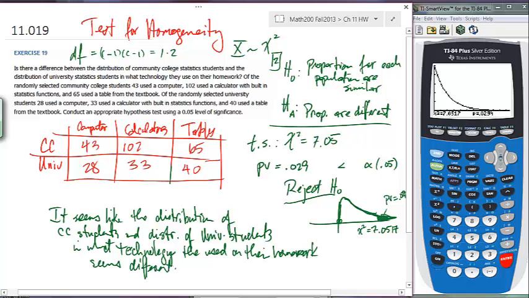Because we rejected the idea that they could be similar, we have to look at the alternative hypothesis and say that they seem to be different. So this would be it. Alright, hope that helps with your homework.